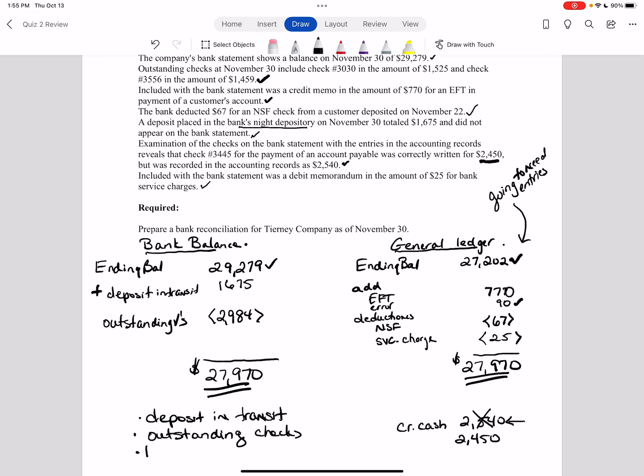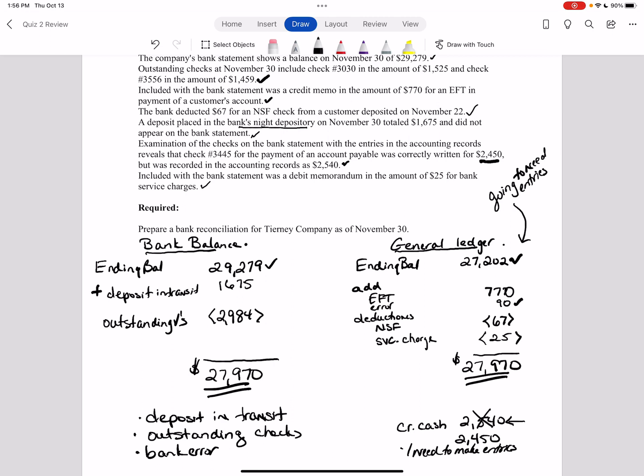Or where the bank makes an error, right? Those are going to be the three things that'll show up on the left-hand side. Things that show up on the right-hand side are things I need to make entries for, right? Errors that I've made, new information that I have, etc. So if you kind of use that rule of thumb, you'll get to the right place.